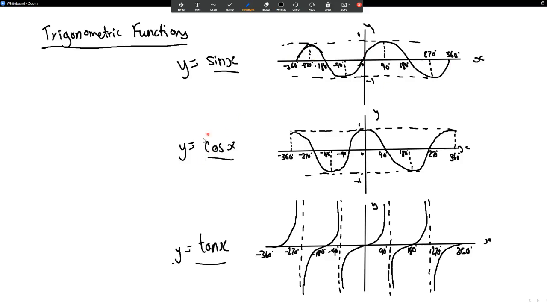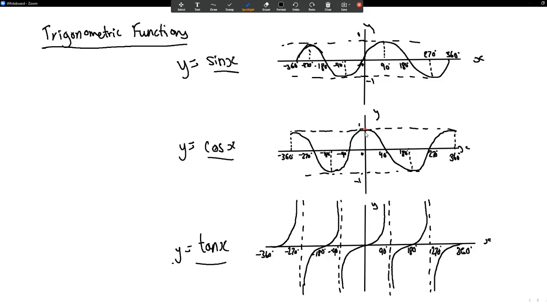Now for y equals cos x, it's the same deal as the sine x graph, but it's shifted. This 90 degrees bit is the beginning of the graph. It's like if you moved the sine x graph to the left by 90 degrees, you'd have it here.